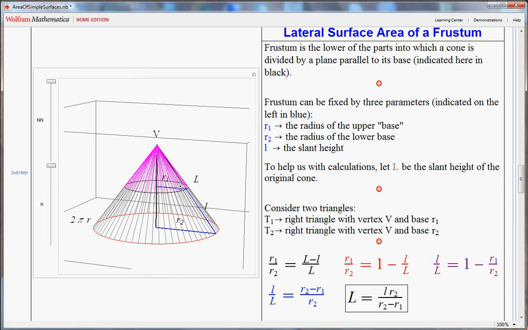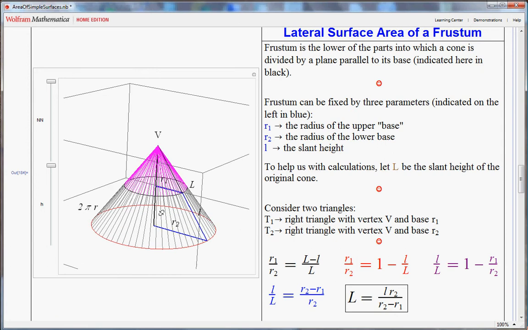Okay, so how do we go about finding the area of the frustum? First, we will introduce an auxiliary parameter capital L, and with the help of this parameter, it will be much easier to derive the final formula.